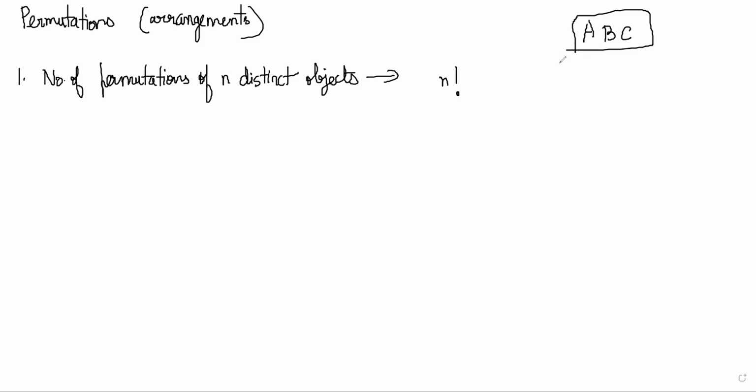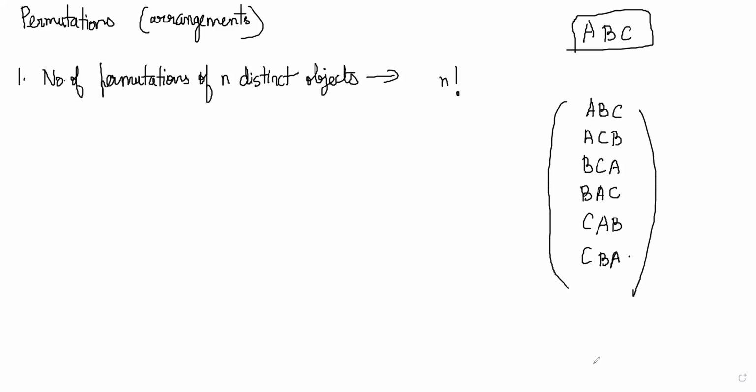So what is the number of permutations of this A, B, C? You can do A, B, C, A, C, B, B, C, A, B, A, C. You can do C, A, B, C, B, A. Right? There's no other arrangement left. These are the 6 different arrangements.